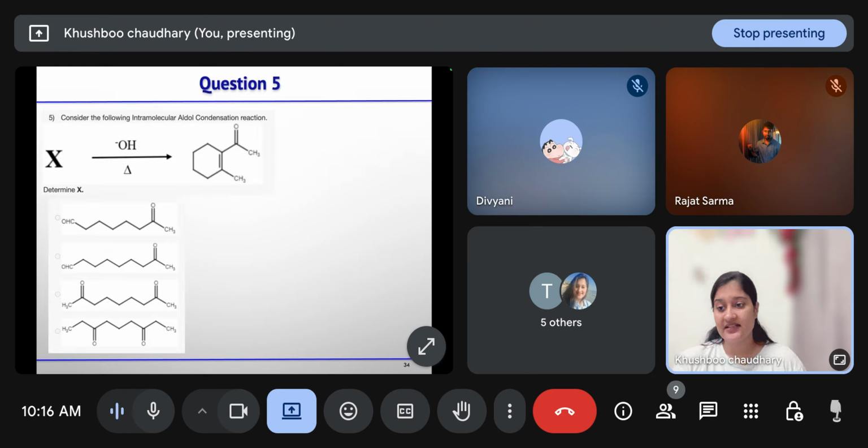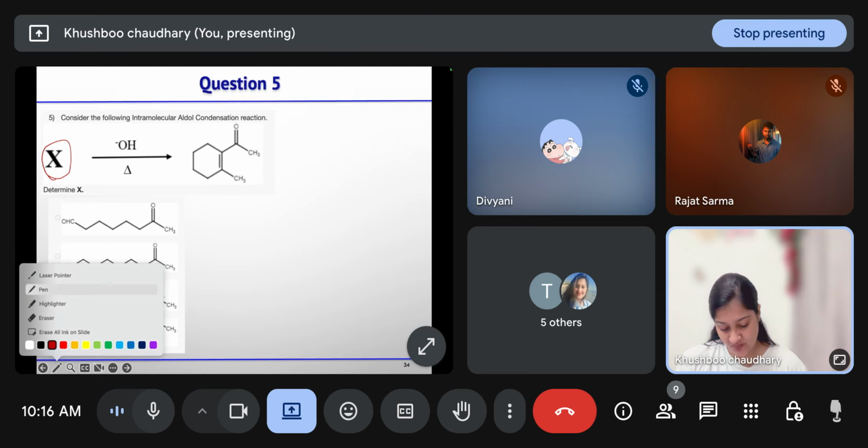Next is, consider the following intramolecular aldol condensation reaction. You have to find out X. Which of these compounds will give you the product?